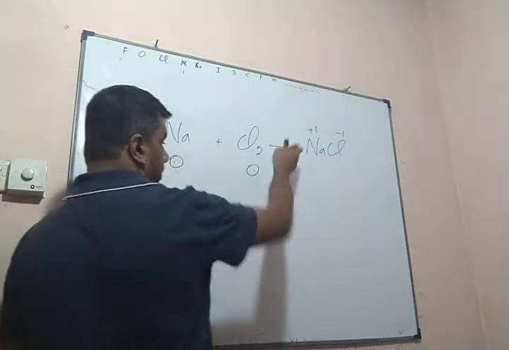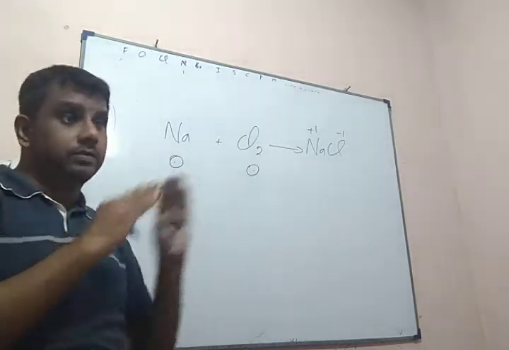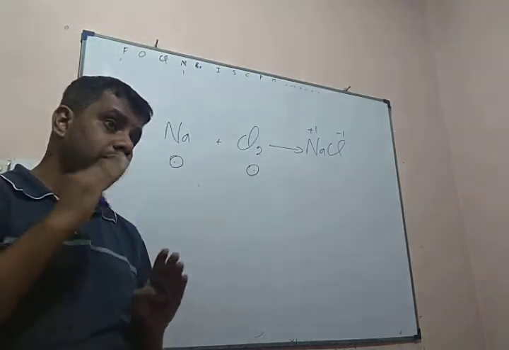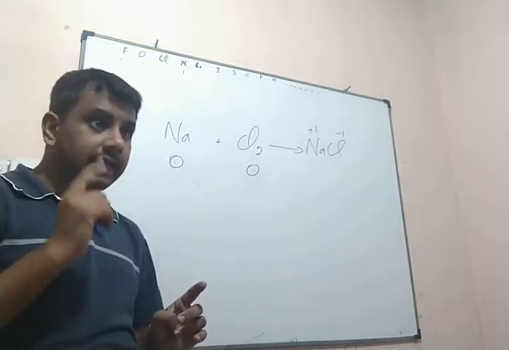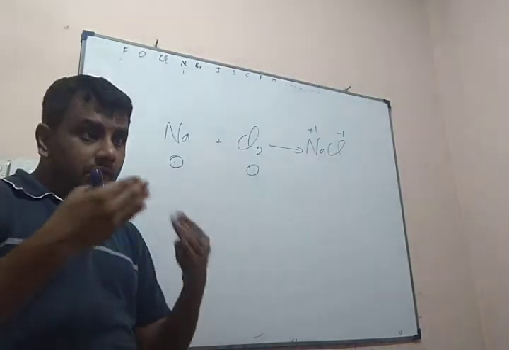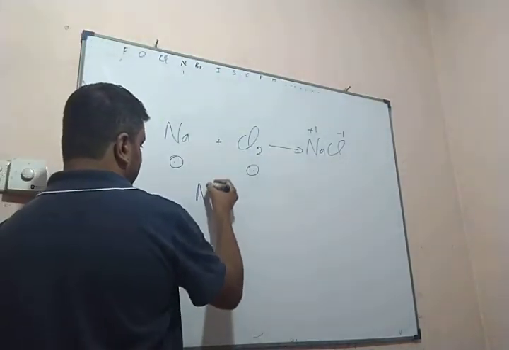Sodium 0 to plus 1. That means there is an increase in the oxidation state during the reaction, so sodium gets oxidized. And chlorine 0 to minus 1 gets reduced.